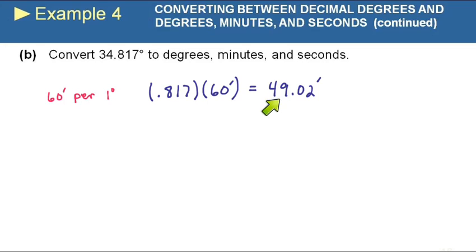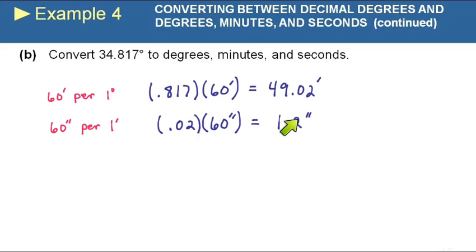Now that means I have 49 whole minutes and 2/100ths of another minute. So I have to figure out now how many seconds are in this part of a minute. So we're going to say 60 seconds per minute. So 0.02 of a minute times 60 seconds gives us 1.2 seconds.